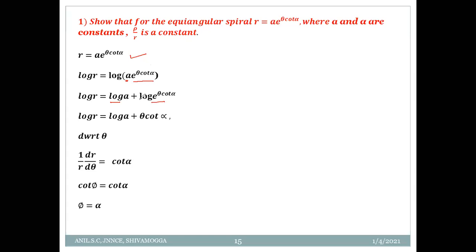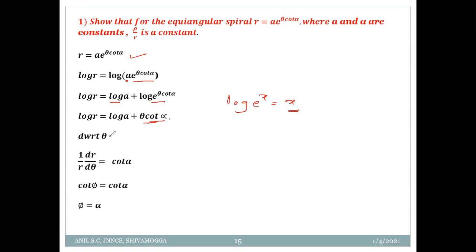That is log a plus log e power theta cot alpha. Therefore, log r is equal to log a plus theta cot alpha. This is because log e power x is x. Therefore, log e power theta cot alpha is theta cot alpha, where alpha is a constant. Therefore, cot alpha is also a constant.